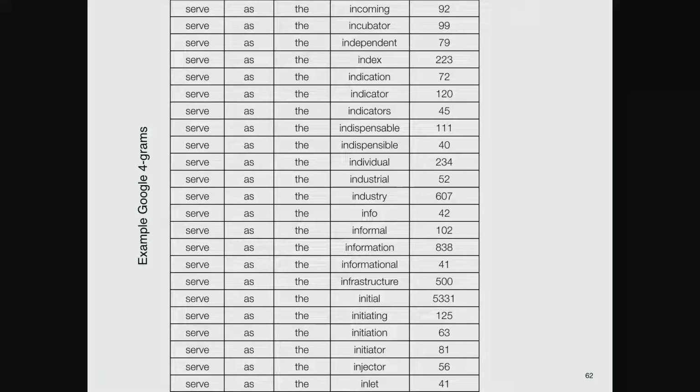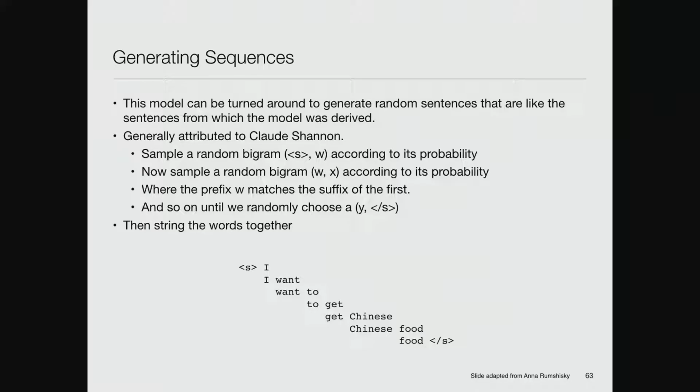Okay, so you've got all these statistics. And now given those statistics, we can then build a generator. So we can say, all right, suppose I start with a token, which is the beginning of a sentence, or the separator between sentences, and I say, sample a random bigram starting with the beginning of a sentence and a word according to its probability, and then sample the next bigram from that word and all the other words according to its probability, and keep doing that until you hit the end of sentence marker.